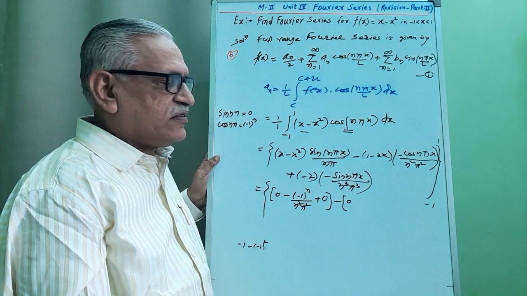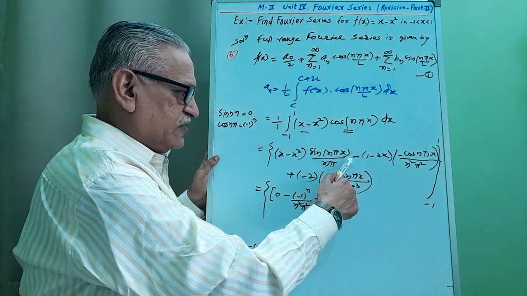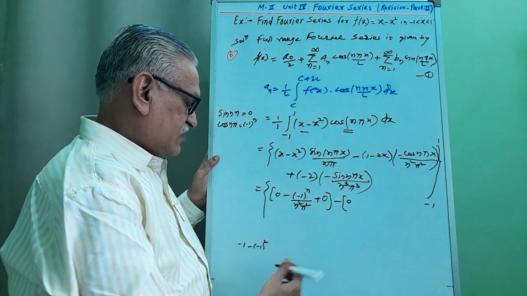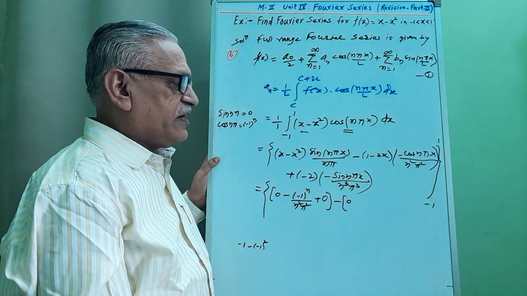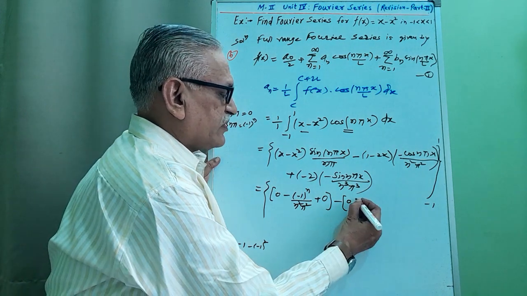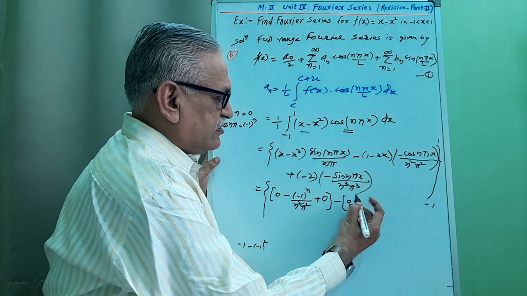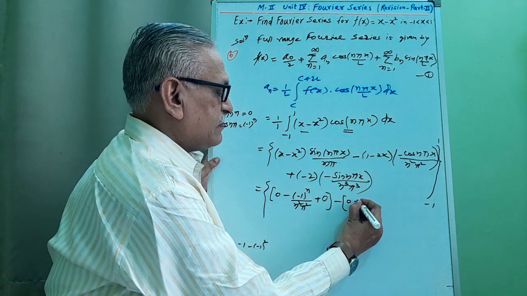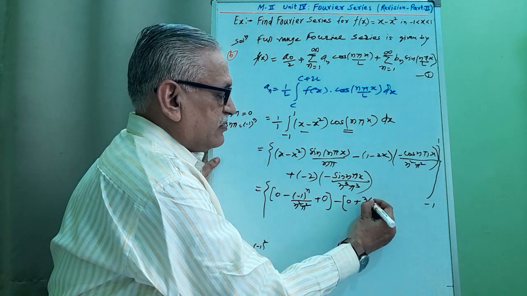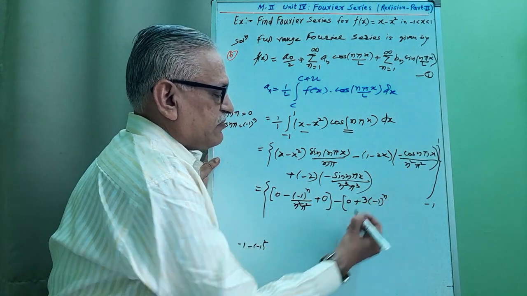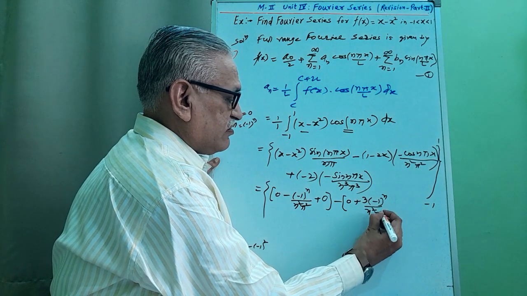Cos of minus theta is cos theta, minus this minus plus, and 1 minus 2 times minus 1, we get 3. Therefore it is minus minus plus 3 times cos of n pi, value of cos n pi is minus 1 raised to n divided by n square pi square.